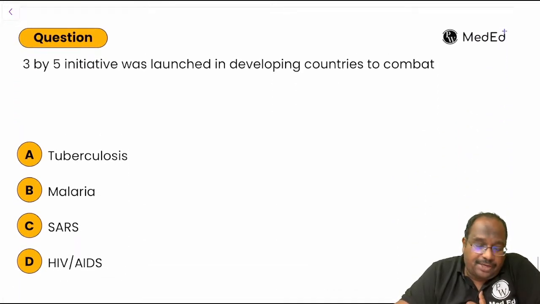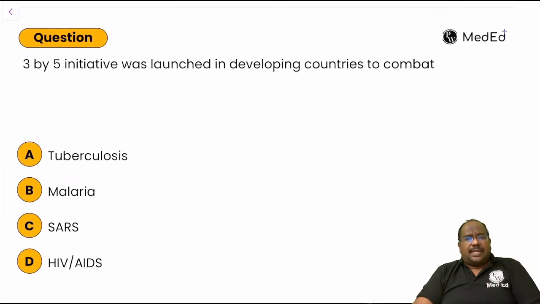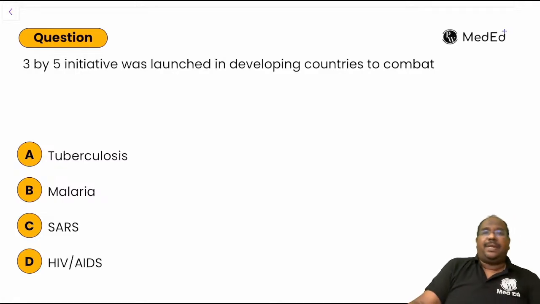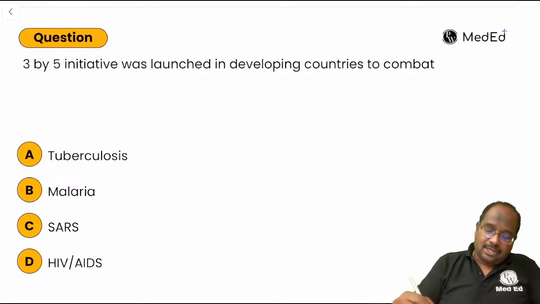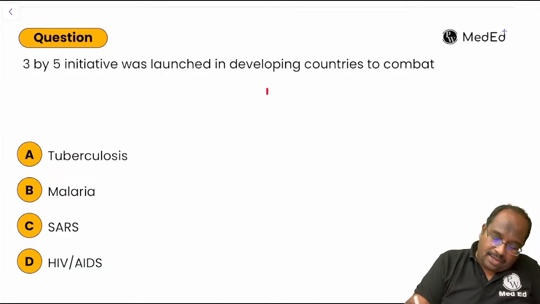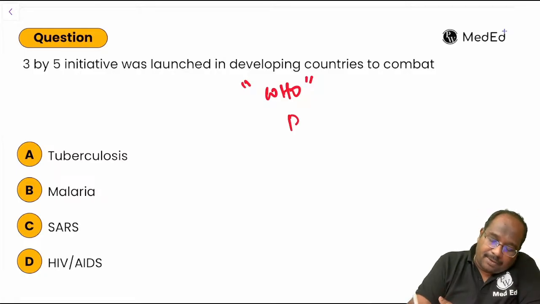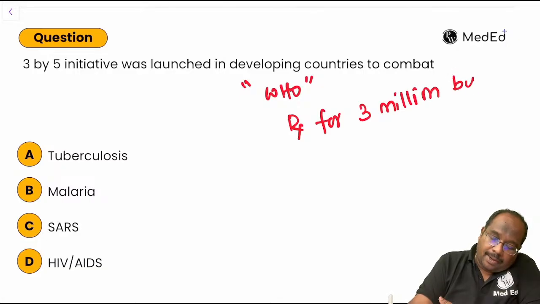The 3 by 5 initiative was asked as a question. The 3 by 5 initiative was launched in developing countries to combat, this is the goal given by WHO, a treatment for 3 million people by 2005.